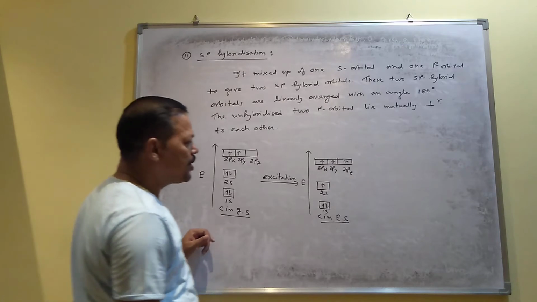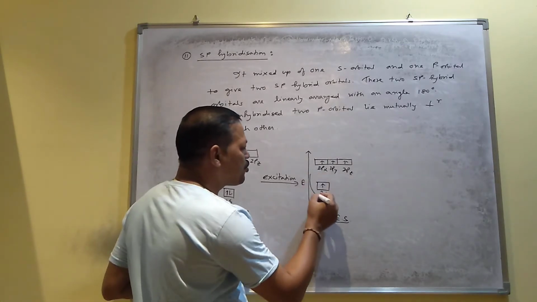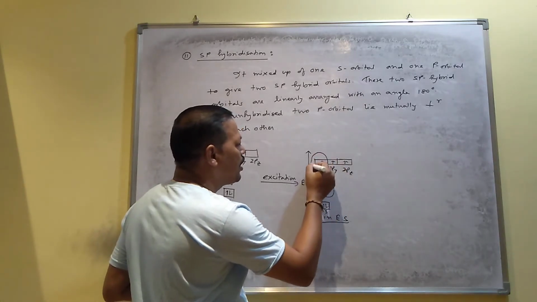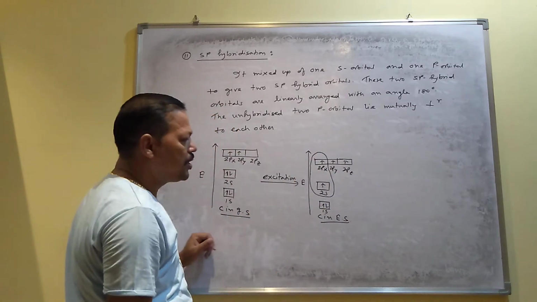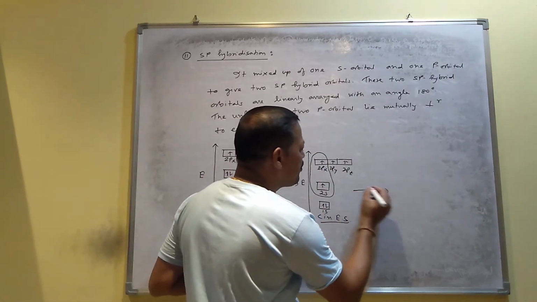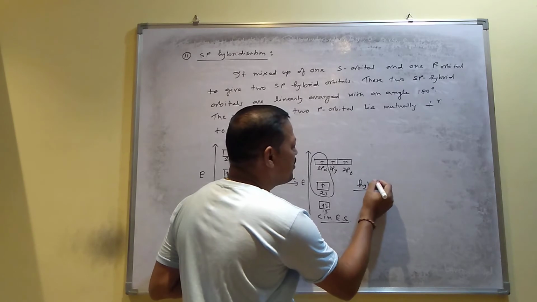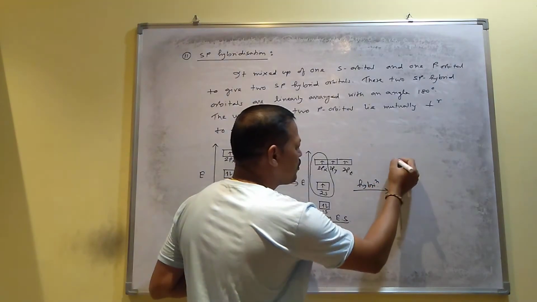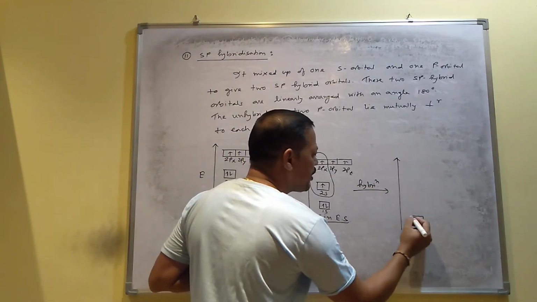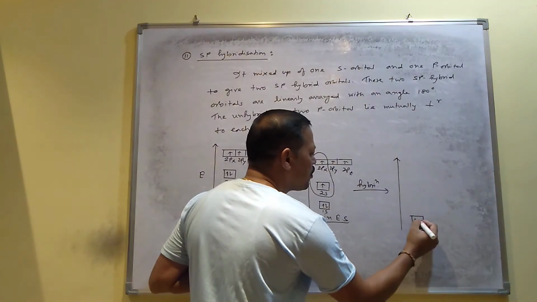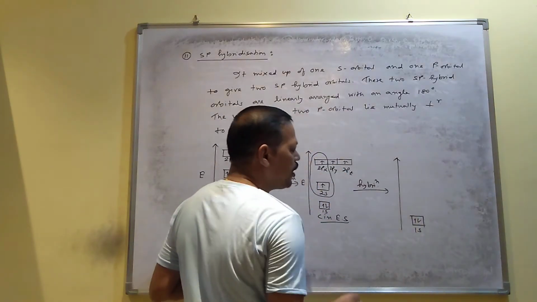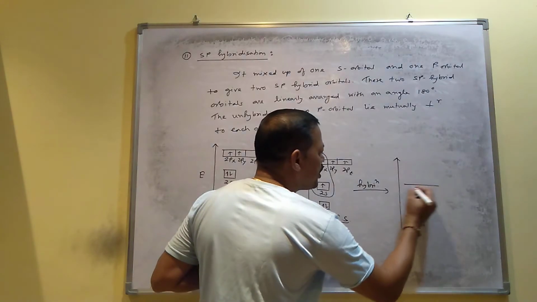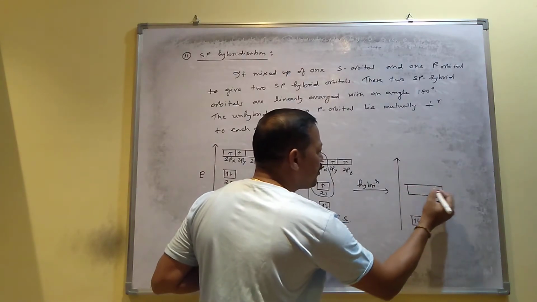Now mixing takes place between one s orbital and one p orbital, and that's why the hybridization is called sp. So after hybridization, 1s will remain the same. Since we mixed two orbitals, you will get two sp hybrid orbitals.